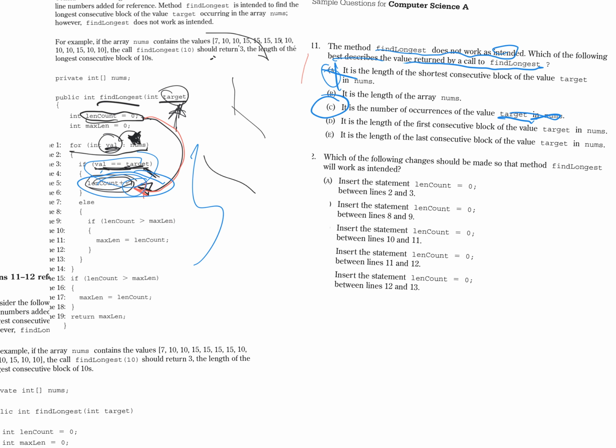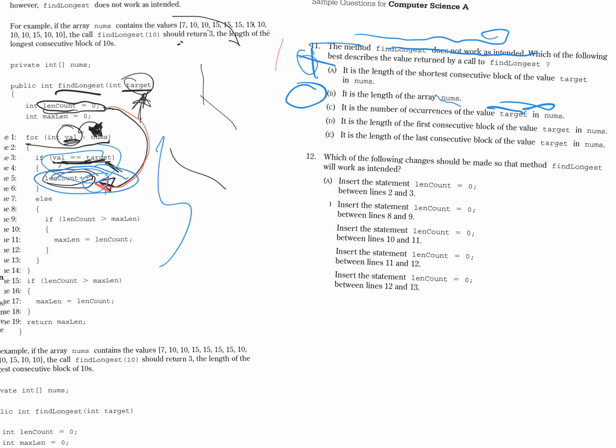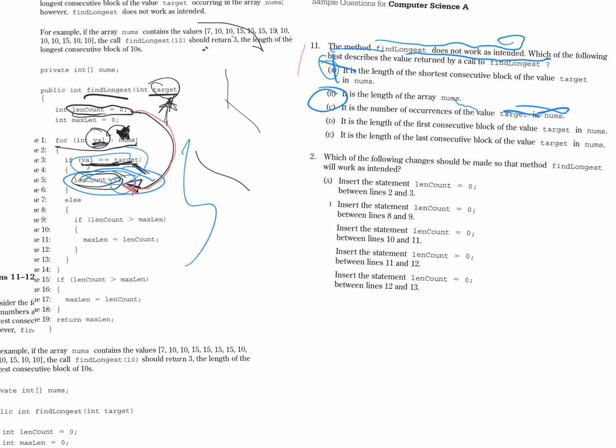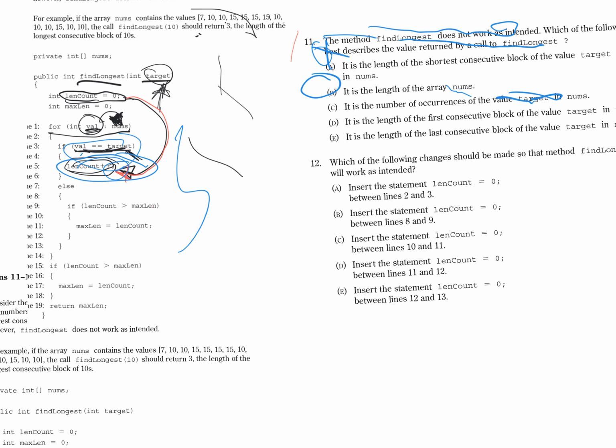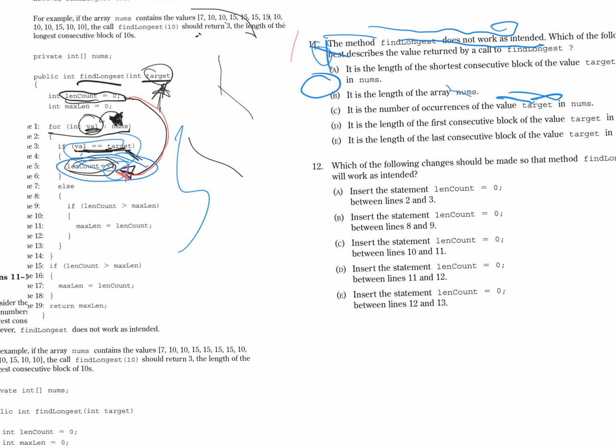Let's take a look at number 12. Which of the following changes should be made so that the method find longest works correctly? I've already given you a hint that it's not working properly because it doesn't reset anything. So let's see if we can find a spot where it's going to reset.